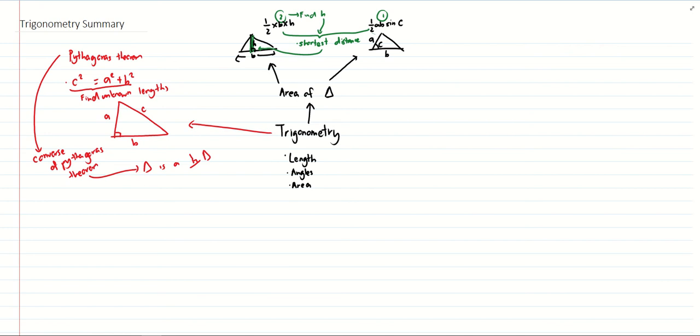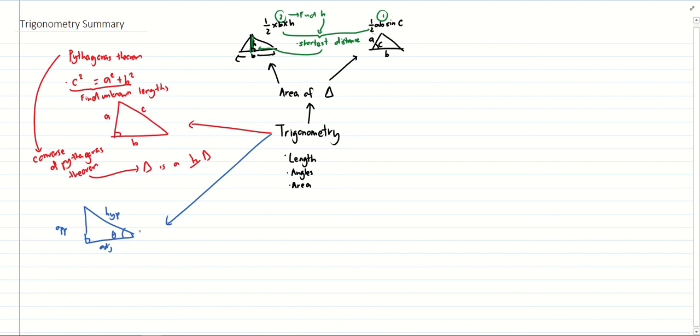Now under the right angle triangle as well, there's also this thing called SOH CAH TOA, and basically there will be a reference angle. So let's call it theta. This will be opposite, this will be adjacent, and this will be hypotenuse.